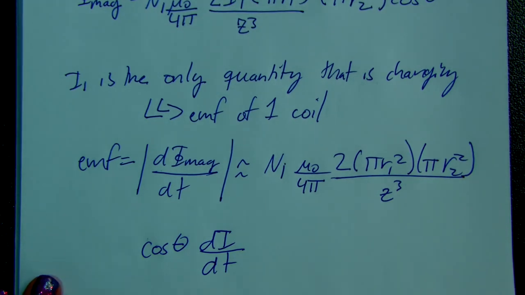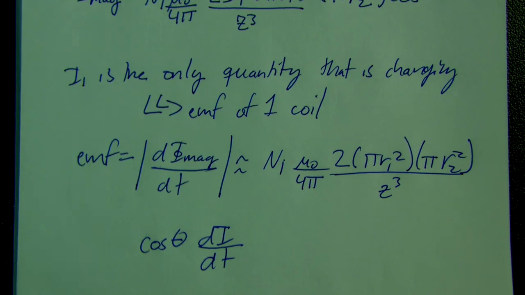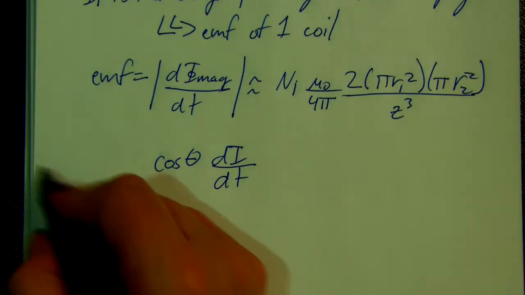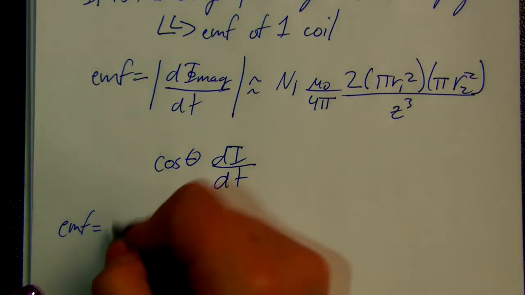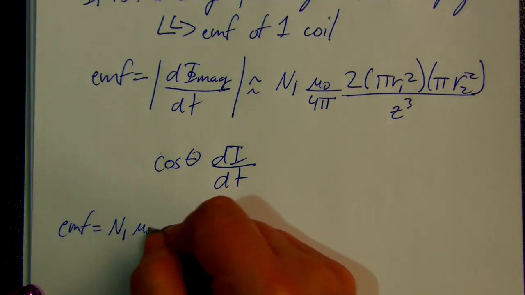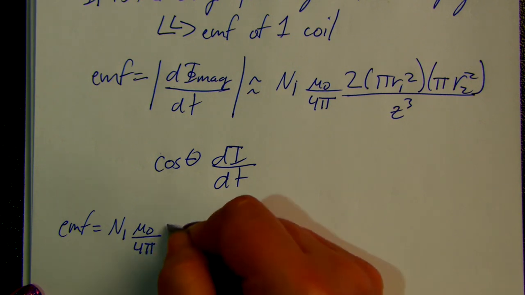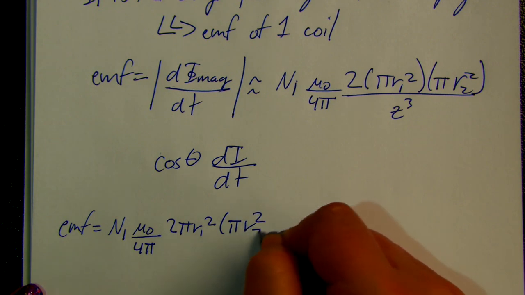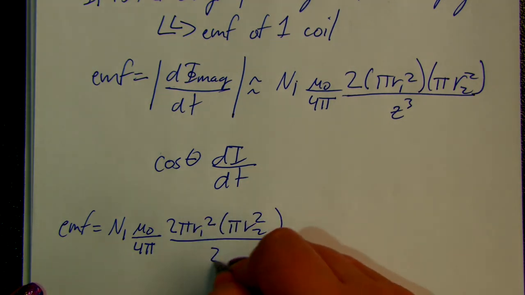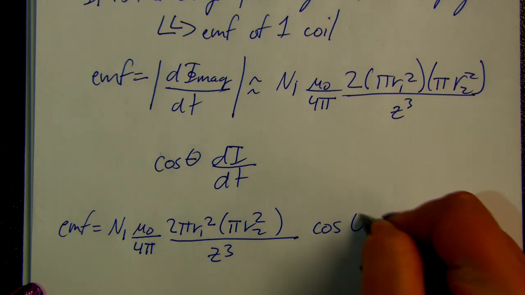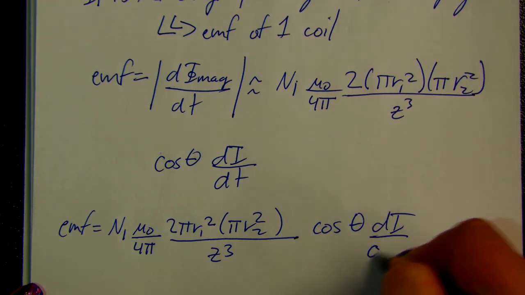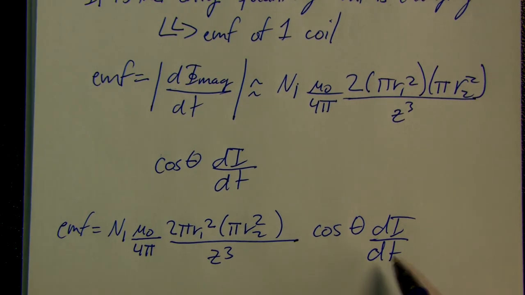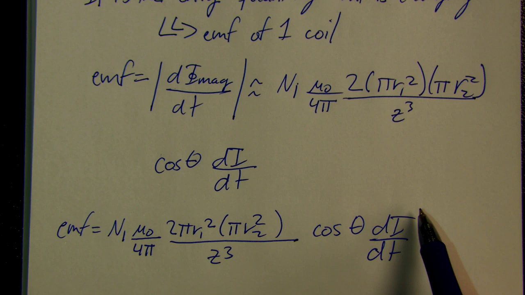This is all supposed to be on one line. Let me just write this out. And notice that what we've done is we've isolated the term that is the actual time varying term.